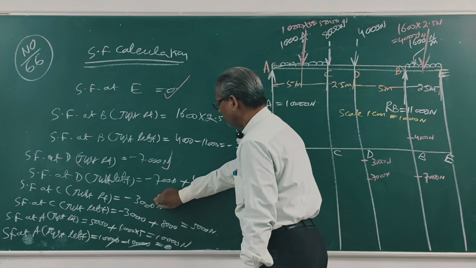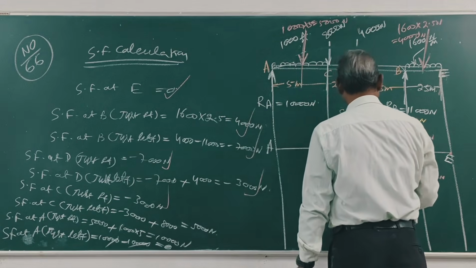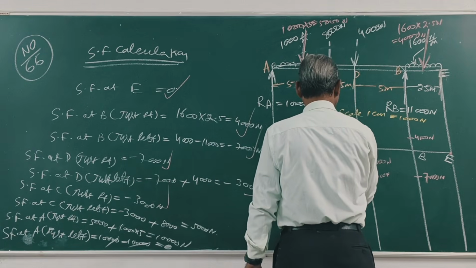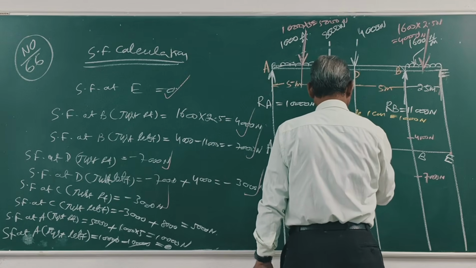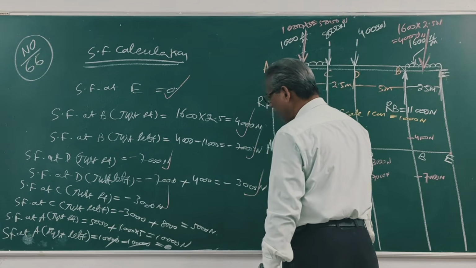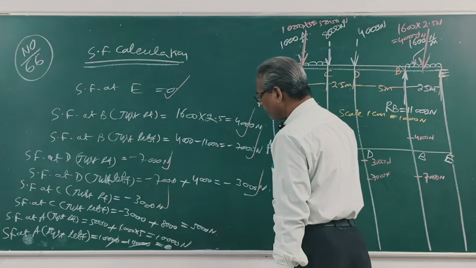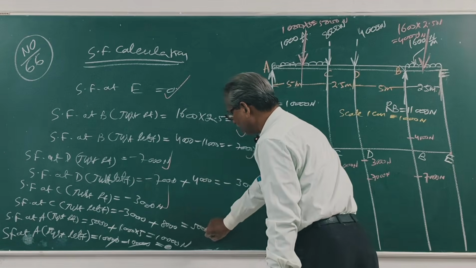C just right, minus 3000. C just left, plus 5000.